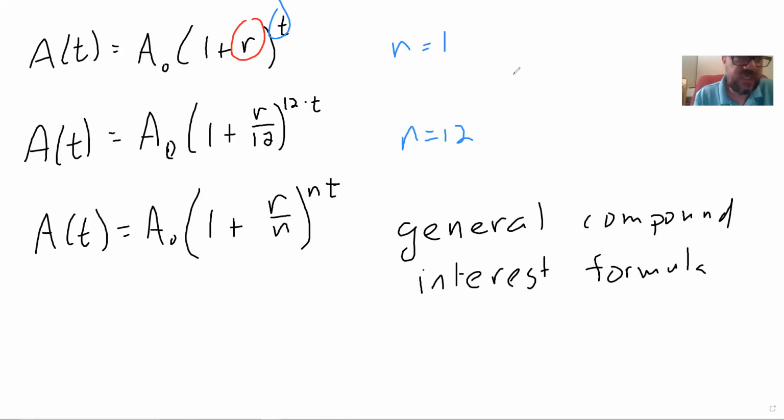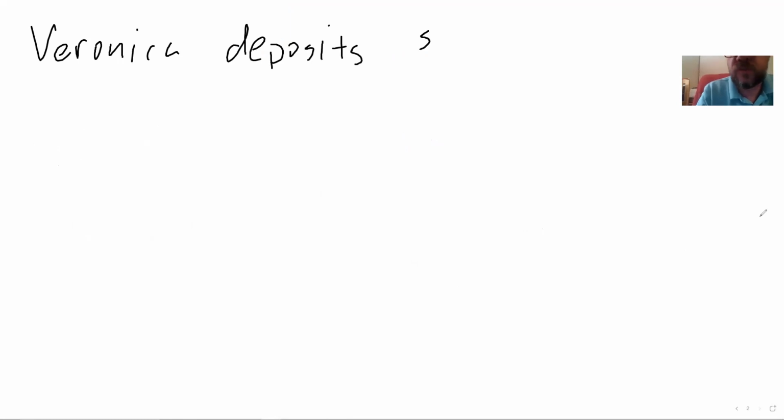Do you want to see an example? Sure. Let's do an example. So let's say Veronica deposits $1,000 on January 1st.